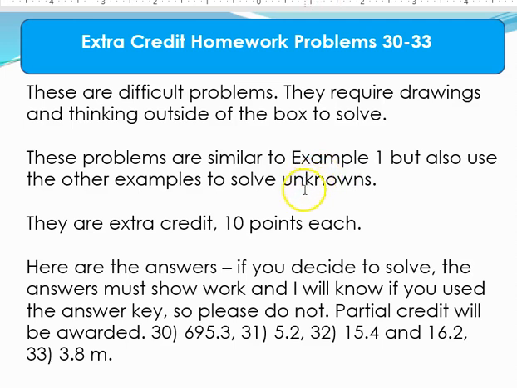To give you some incentive, each one of these problems is worth 10 points. And you can get partial credit if you make an attempt. If you decide to solve, I've given you the answers, but your answers must show work, and believe me, I will know if you use the answer key, so just don't go there. This is really important that you use this opportunity to show me what you've learned so far.